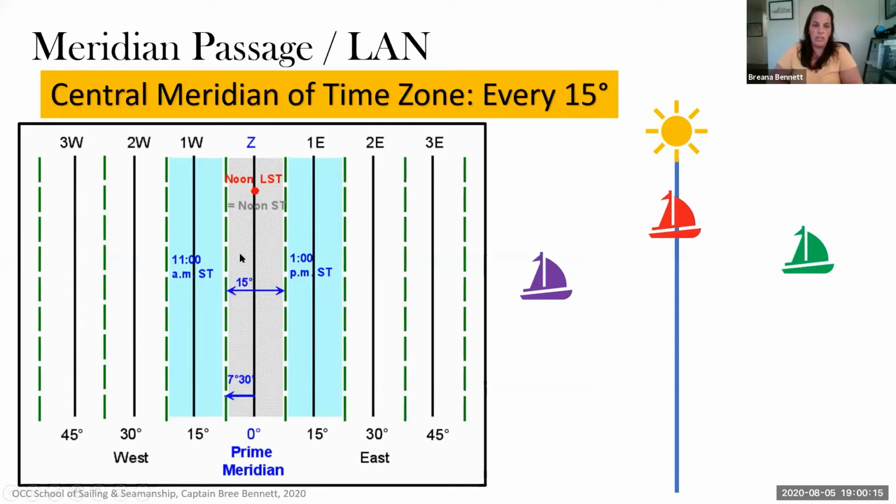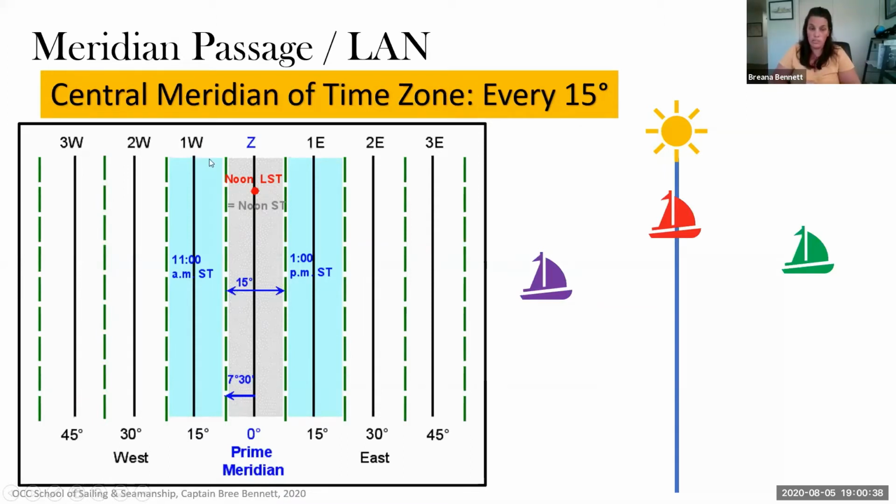Okay, so this is our short picture of our time zones. Every time zone is 15 degrees. So 0 is the central meridian, or the prime meridian, but it's the central meridian for the zone description 0.